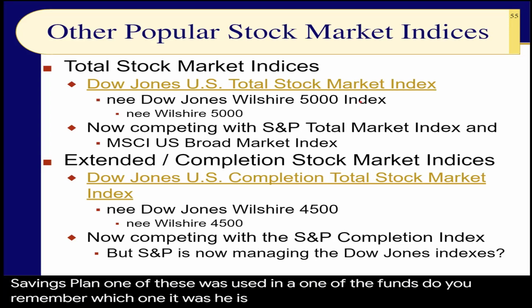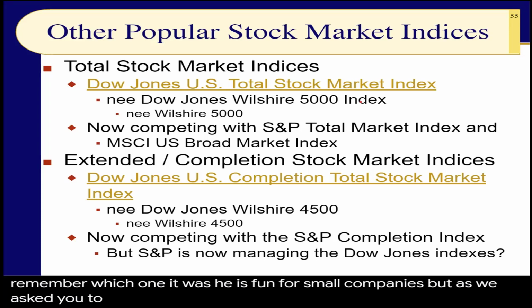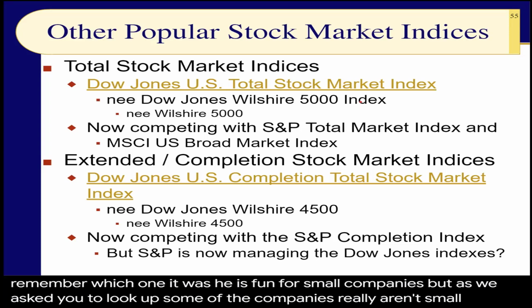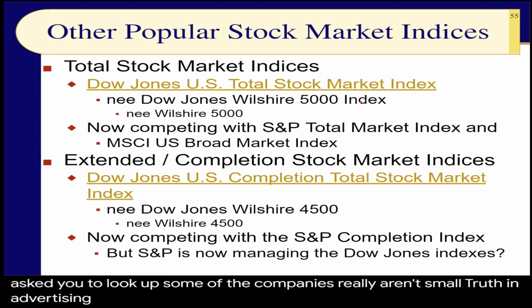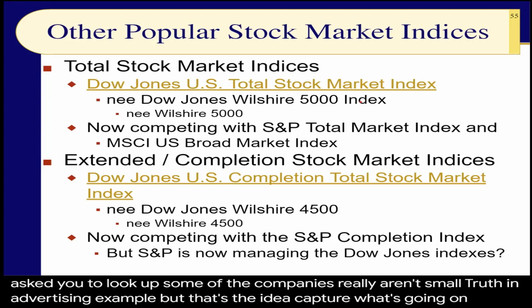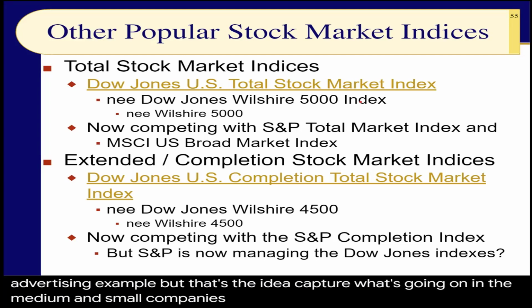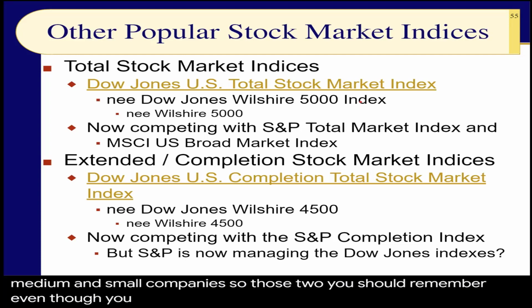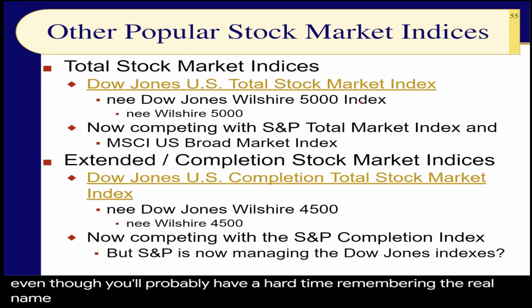It was the S fund for small companies. But as we asked you to look up, some of the companies really aren't small. Kind of an untruth in advertising example. But that's the idea. Capture what's going on in the medium and small companies. So those two you should remember, even though you'll probably have a hard time remembering the real name. I do. I call them the Wilshire 5000 and the Wilshire 4500.